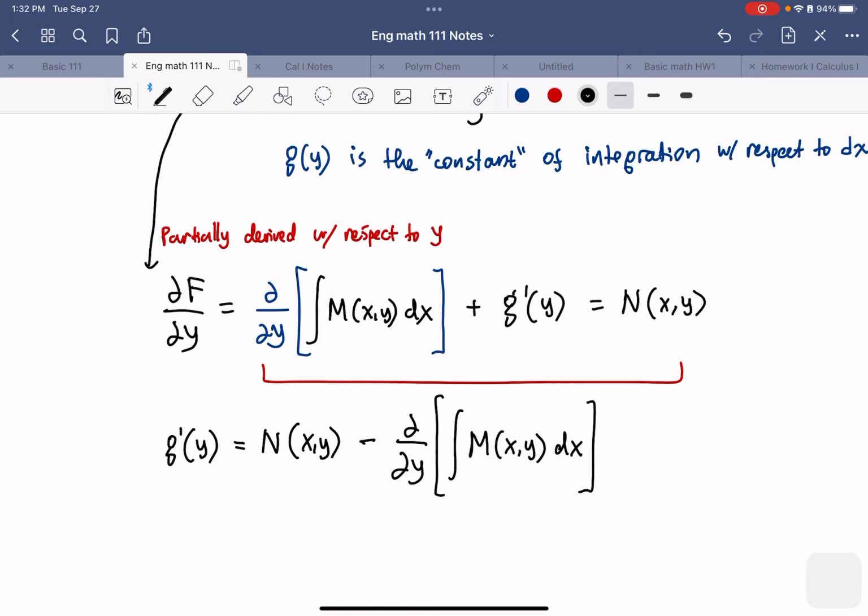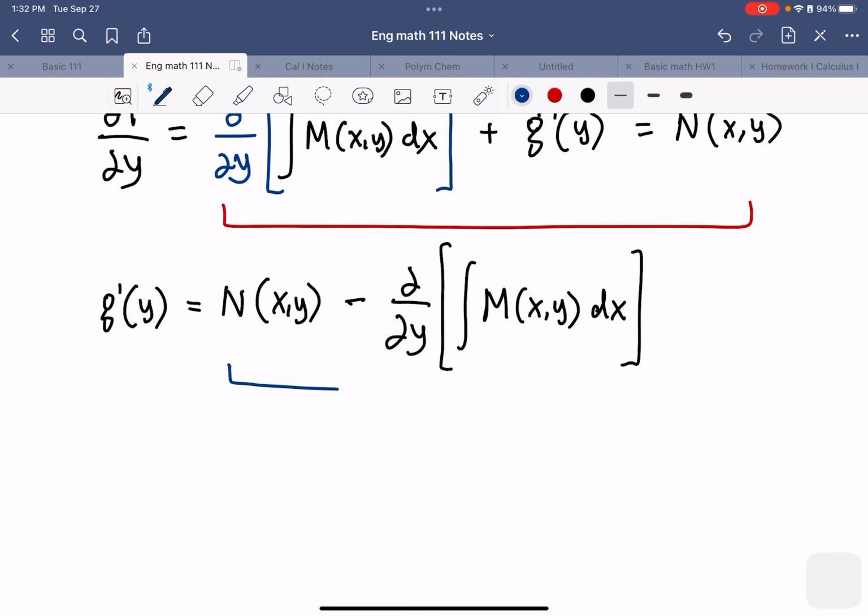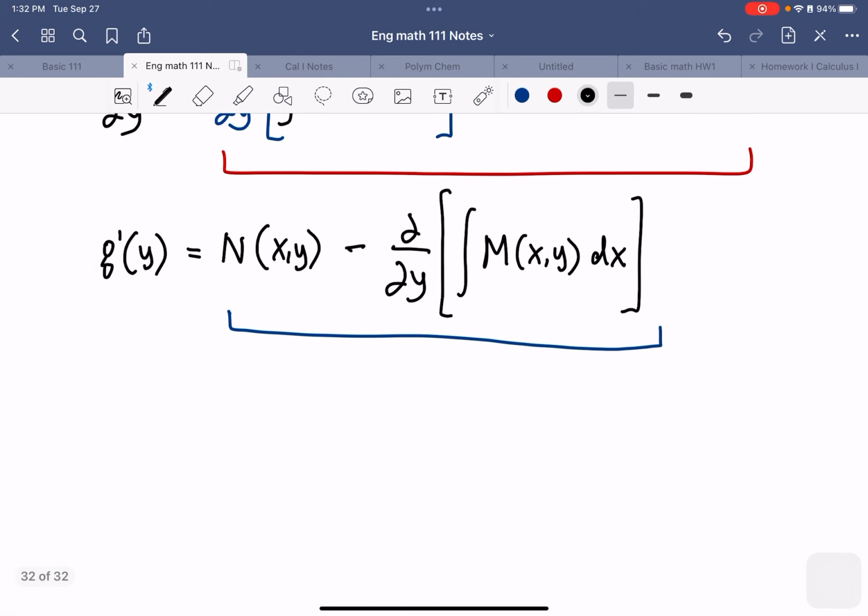So this form here, let's just try to partially derive with respect to x.